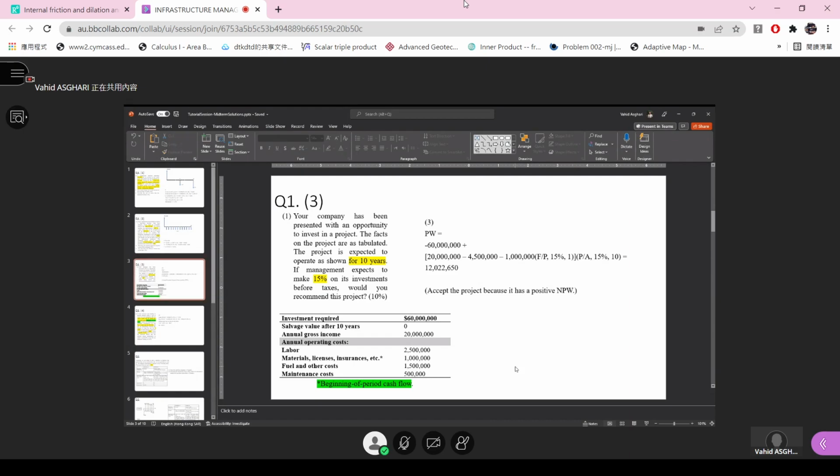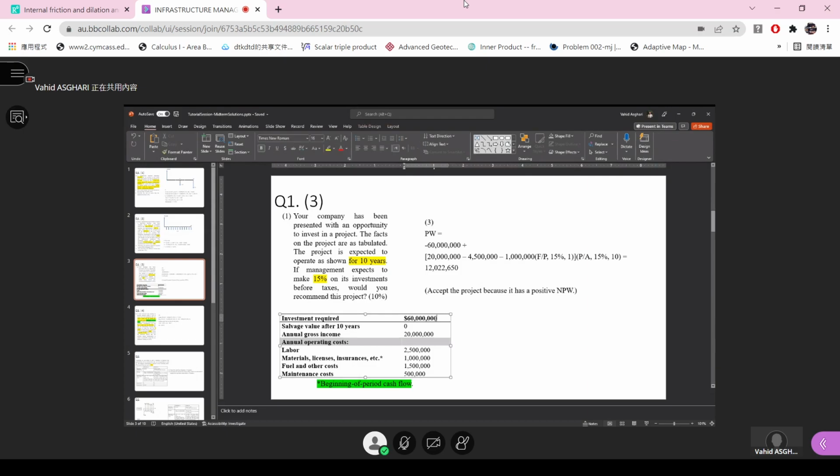So about the third question, the project. This project is expected to operate as shown for 10 years. The interest is expected to be about 15%. And so we have a table with numbers.